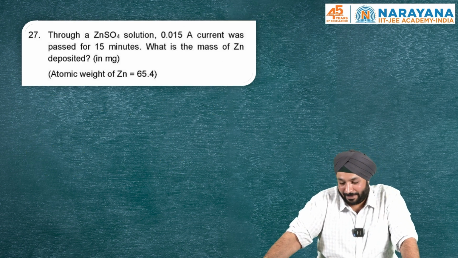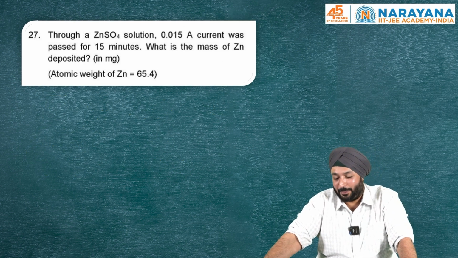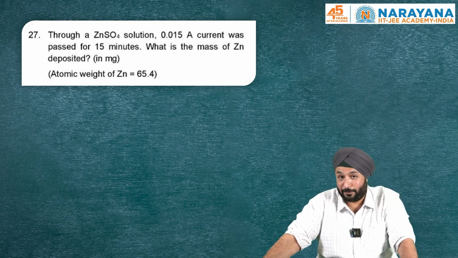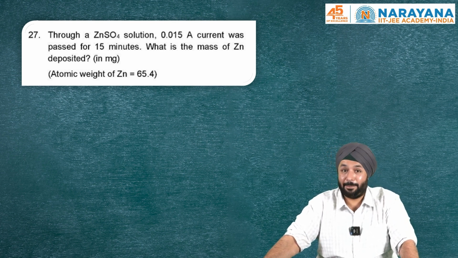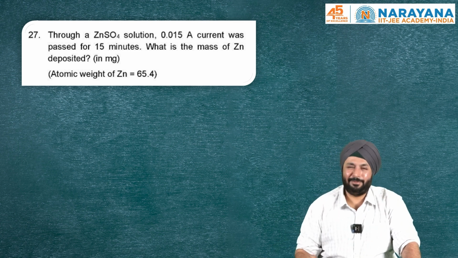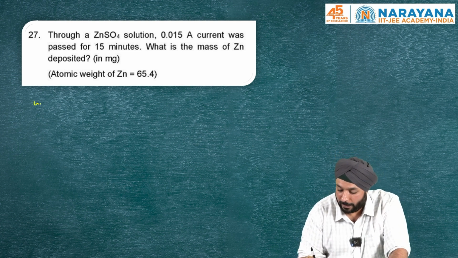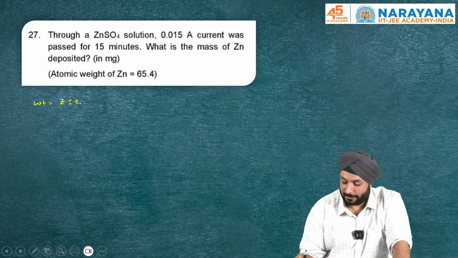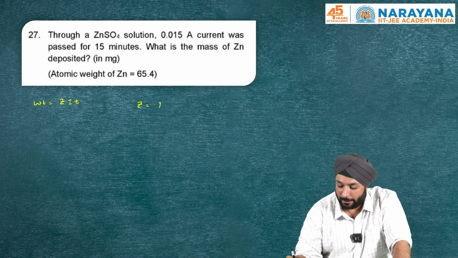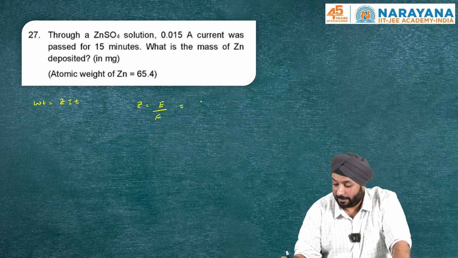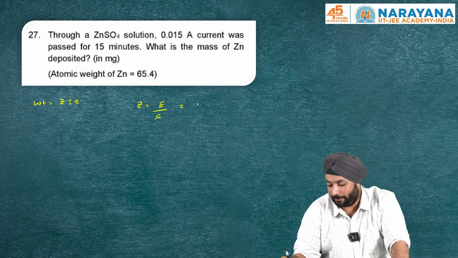Now question number 27. Through a ZnSO4 solution, 0.015 ampere current was passed for 15 minutes. What is the mass of zinc deposited in milligrams? It's a very simple question based on Faraday's first law of electrolysis. W is equal to ZIt, where Z is electrochemical equivalent, Z equals E by F, where E is equivalent weight, which is atomic weight by valency.